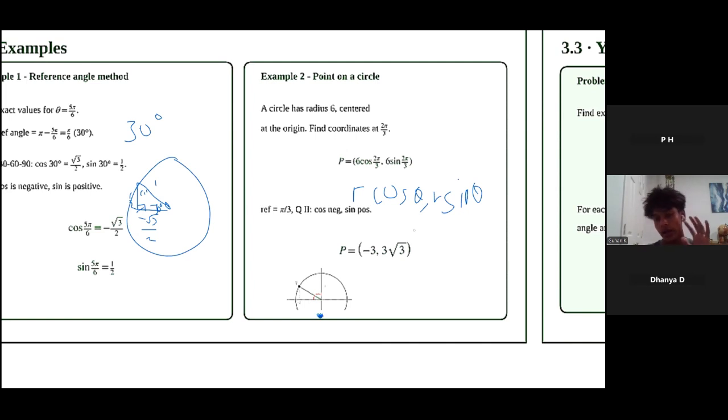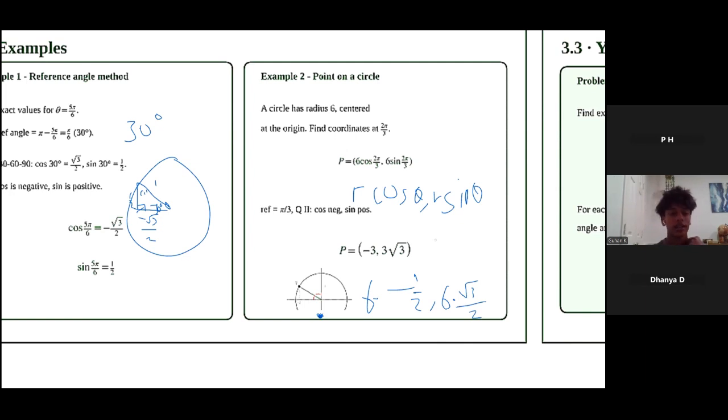No, sorry, that's 3 pi over 2. I confused myself for a second there. 2 pi over 3 is 120 degrees, and cosine of 2 pi over 3 is going to be negative 1/2. So it's going to be 6 times negative 1/2, comma, 6 times root 3 over 2, because sine of 2 pi over 3 equals root 3 over 2.